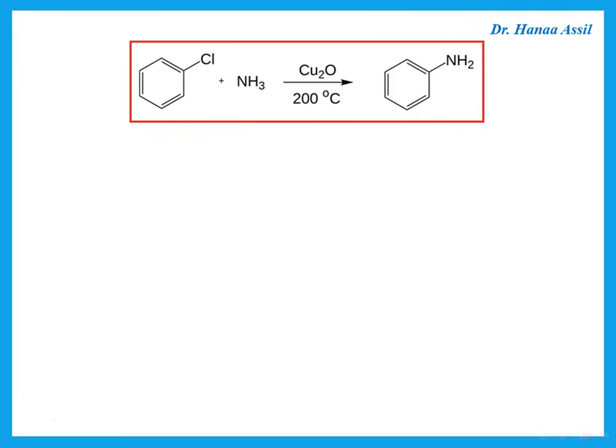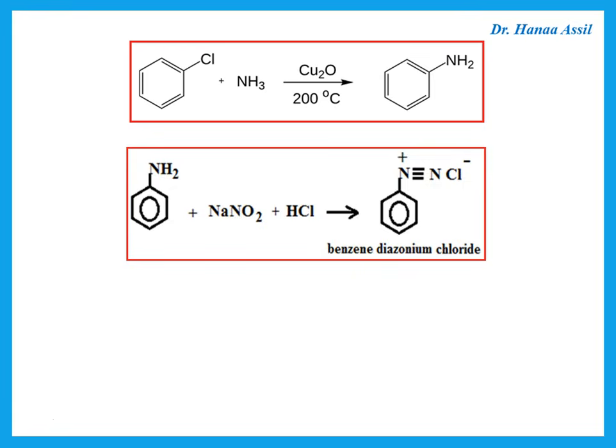Okay, what if we're trying to make phenylamine from chlorobenzene? So I have a chlorine on a benzene ring and I want to replace it with the amine group. We said we can react it with ammonia. This phenylamine, we can use it to make benzene diazonium chloride.